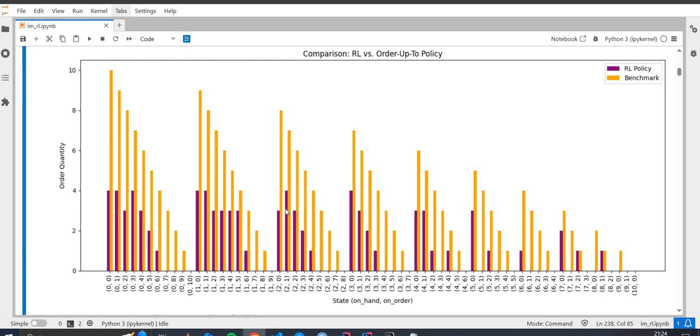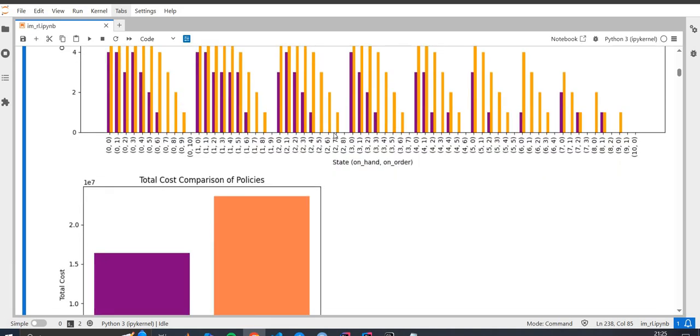The benchmark policy often orders the maximum amount, even when it is not needed, while the RL agent adjusts its decisions based on the state. This means the RL approach is more adaptive. It doesn't just blindly follow a fixed rule, but instead makes smarter choices based on demand and stock levels.